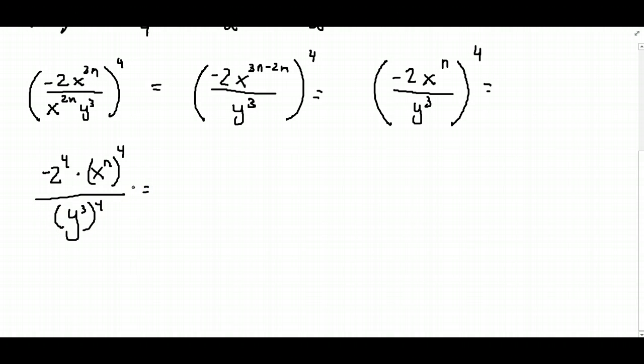So let's simplify. -2 raised to the 4th power is 16. So our numerator is now 16. X to the n raised to the 4th gives us x to the 4n all over, we have y to the 3rd raised to the 4th power, so we get y raised to the 12th power. And that is our answer.